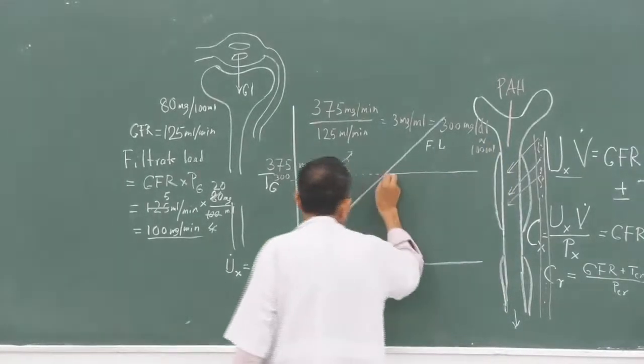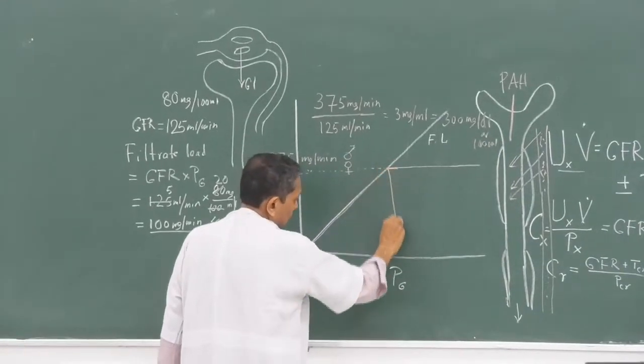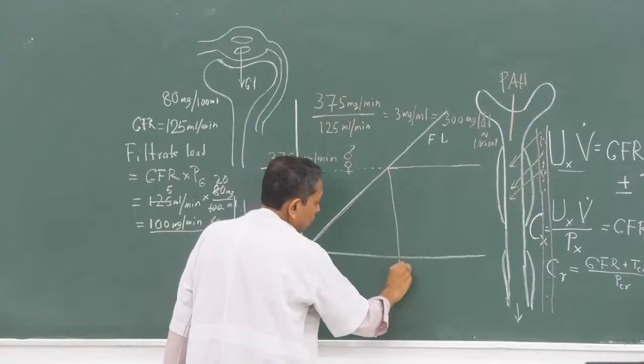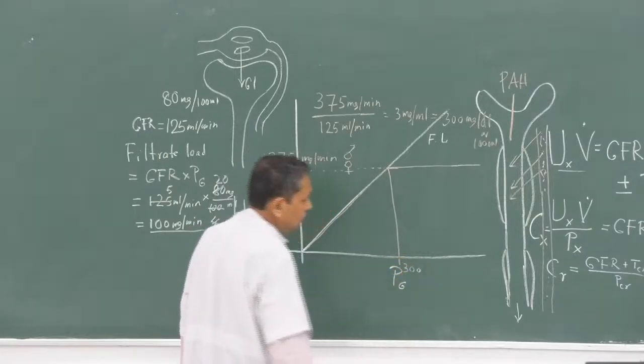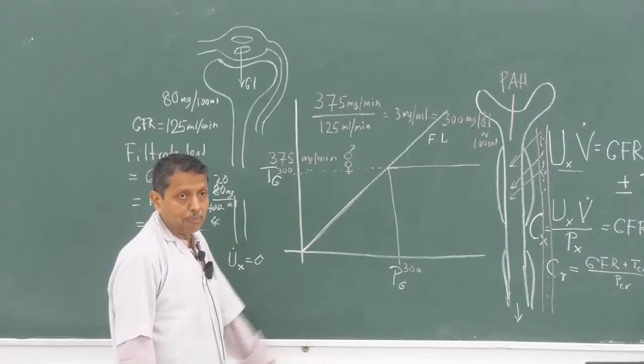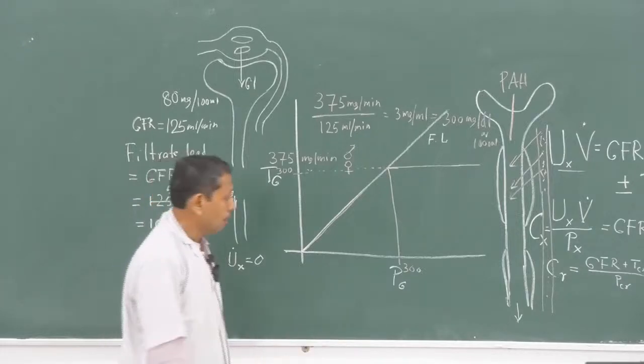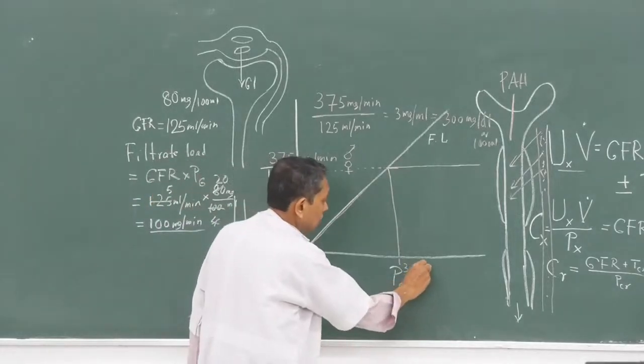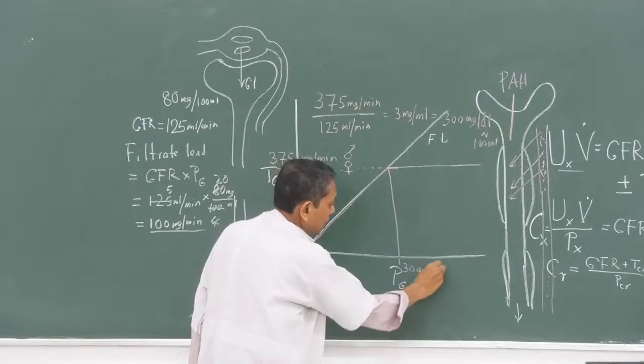So this value upon this, it is 300. Plasma concentration of arterial plasma, renal arterial plasma. Milligram per deciliter.